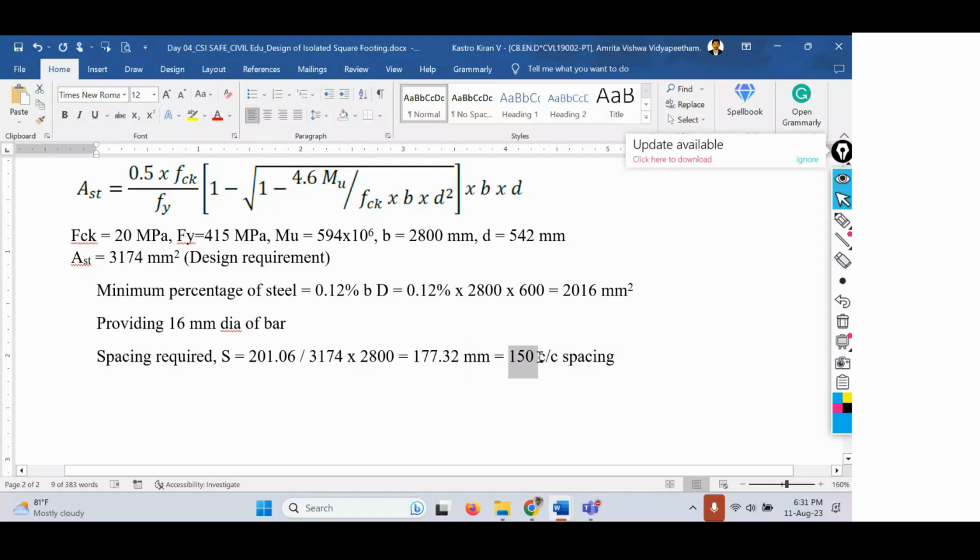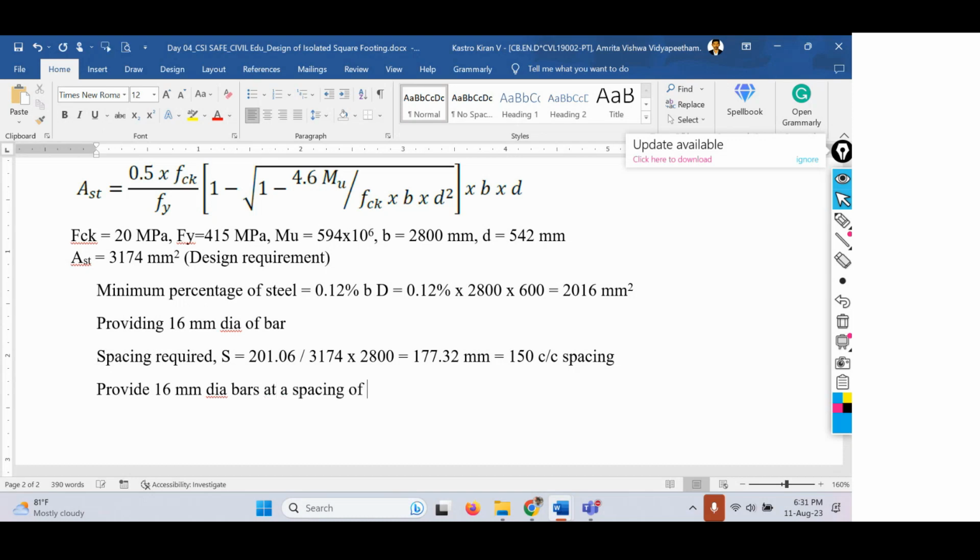That's why I have reduced the spacing value. So here we provide 16 mm diameter bars at a spacing of 150 mm center to center. This is how we decide the spacing of the bar.